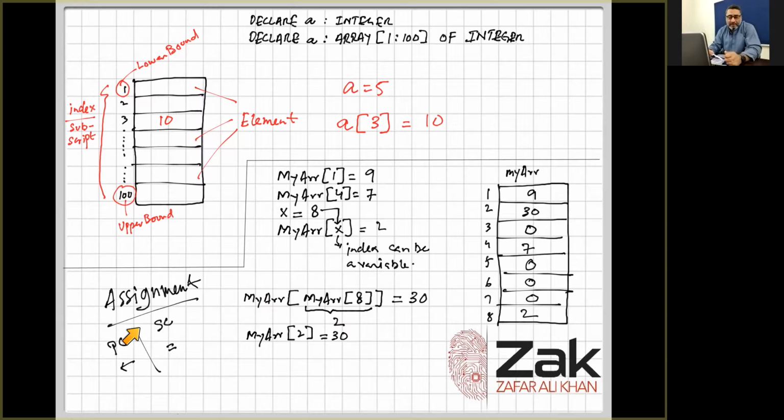Assignment. In pseudocode, we use an arrow which is pointing towards the left, because in computer science it is always the right side being assigned to the left side. If I write 5 = A, this is a big blunder. Never do that, because it might be correct in mathematics, but in computer science it is a blunder. You cannot do that.